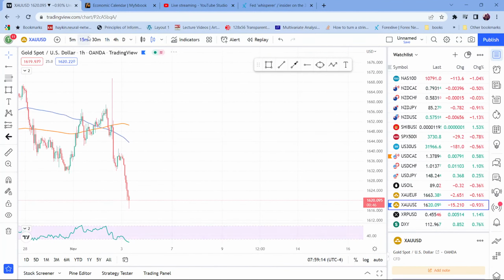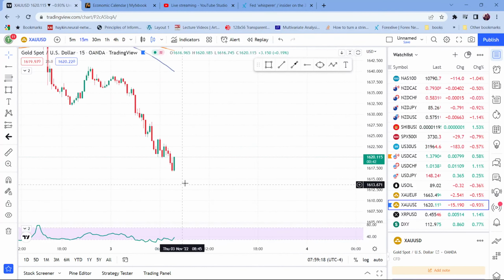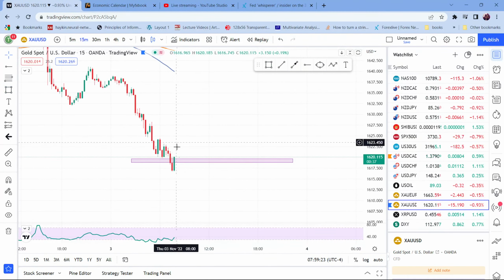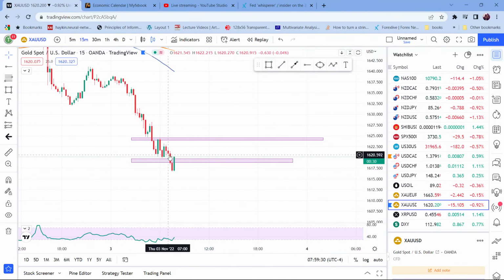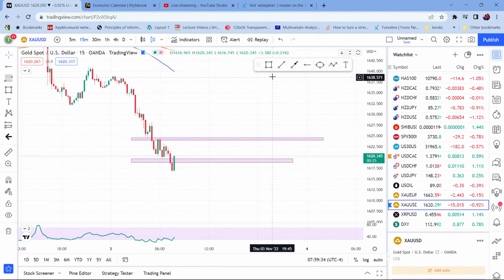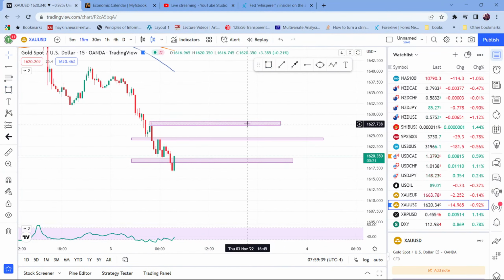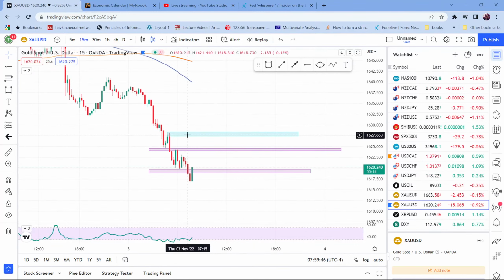Gold, right? So gold, we had continuation to the downside in the 15-minute. Looks like if price manages to close above this area, then you have two areas here. If price manages to push above this zone and we get a push back into this level, like right up here, then a continuation seems possible.